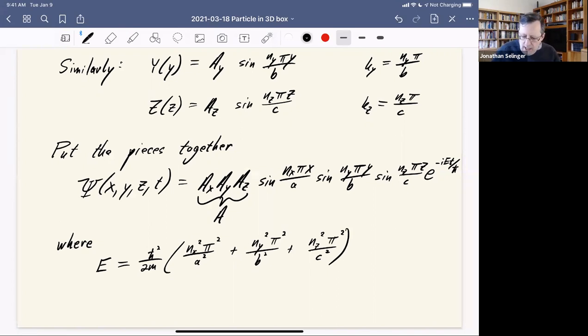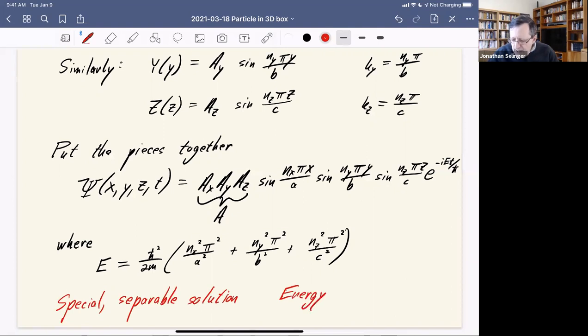And so we have found what I have been calling a special solution or a separable solution. Or in chapter 3, we learned to call it an energy eigenstate.